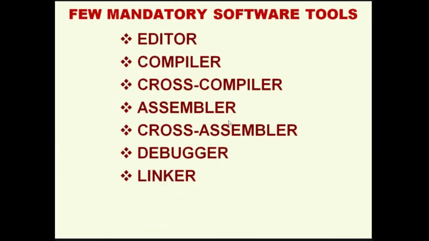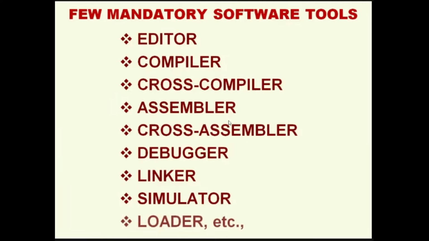All these object files are linked together. And there is another tool called simulator, as we can simulate the processor or controller on the screen. This is just because of the software tool called simulator. And there is something called a loader, which helps us to download the code into the target machine. These tools are very helpful in developing software for microcontroller based applications.